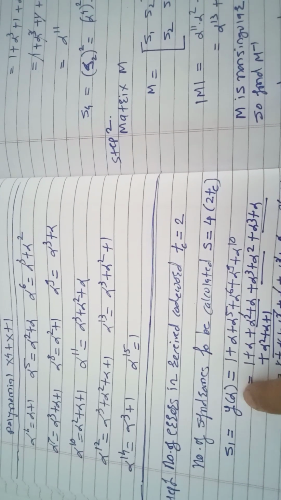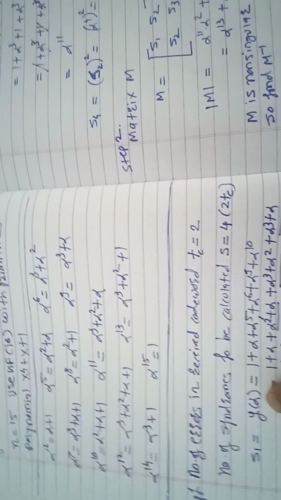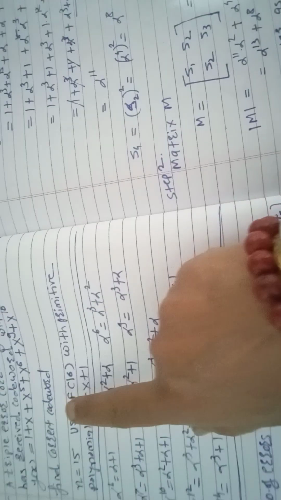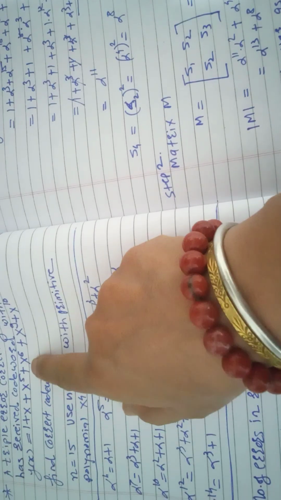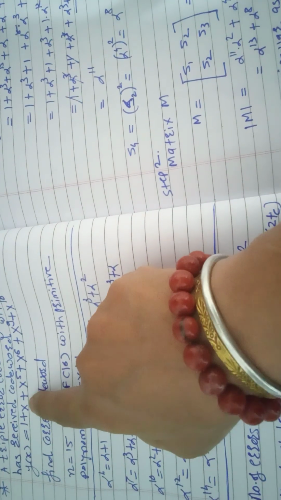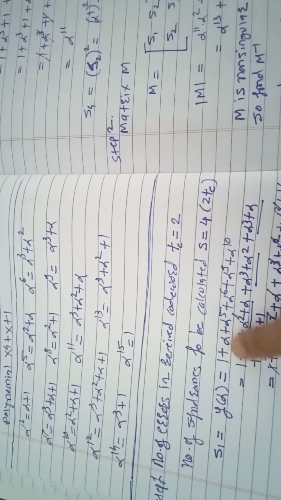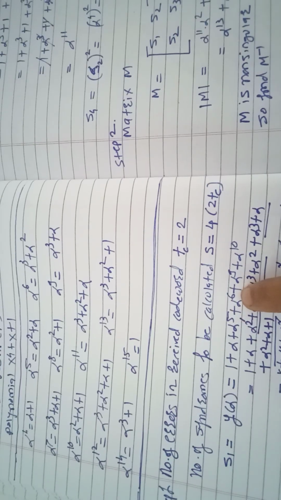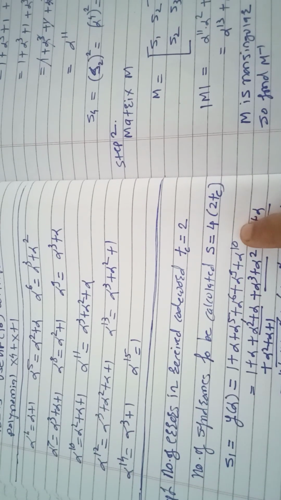S1 is equal to y(alpha), where y is the received code word 1 plus x5 plus x6 plus x9 plus x10. In this you have to put x equal to alpha. So 1 plus alpha raised to 5 plus alpha raised to 6 plus alpha 9 plus alpha 10.